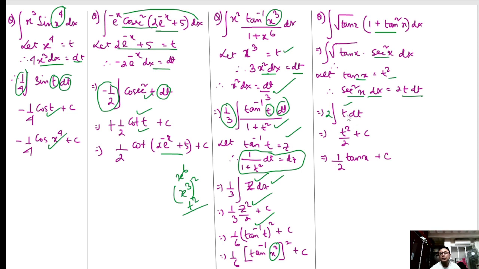So this becomes t square by 2, cuts. So now t square is tan x. So tan x plus c. This is the answer of this sum, friends.